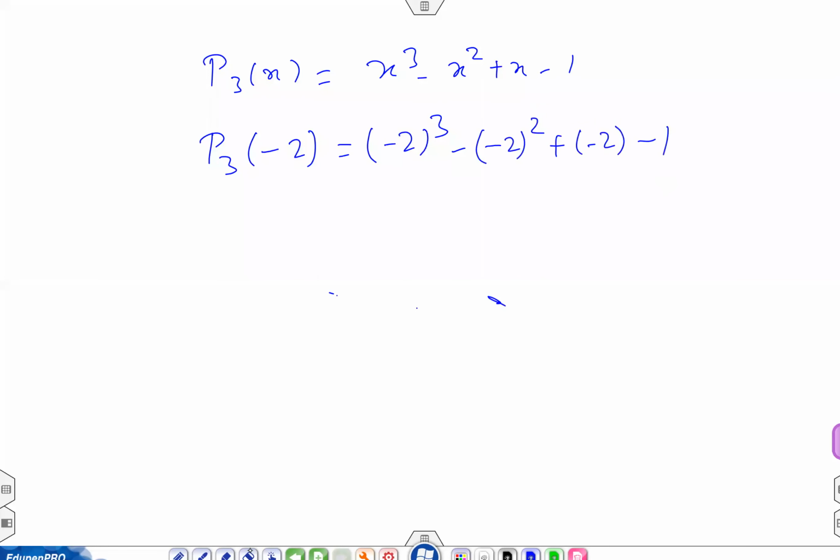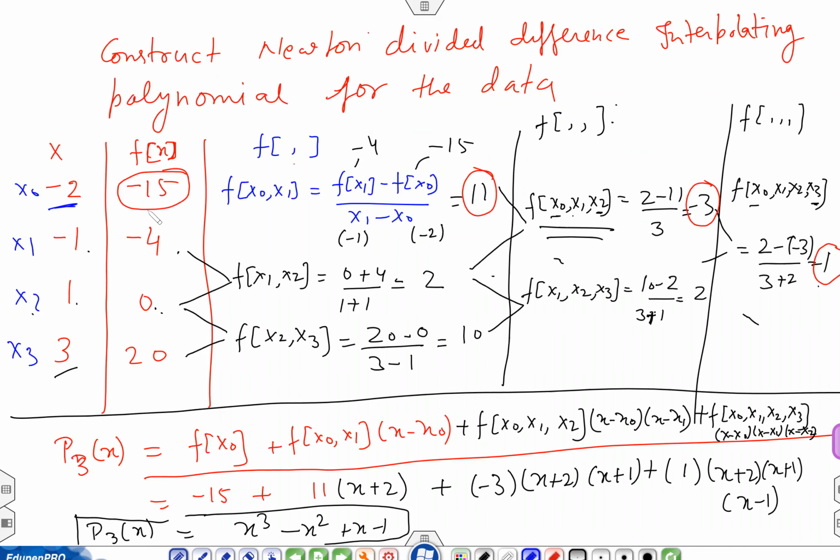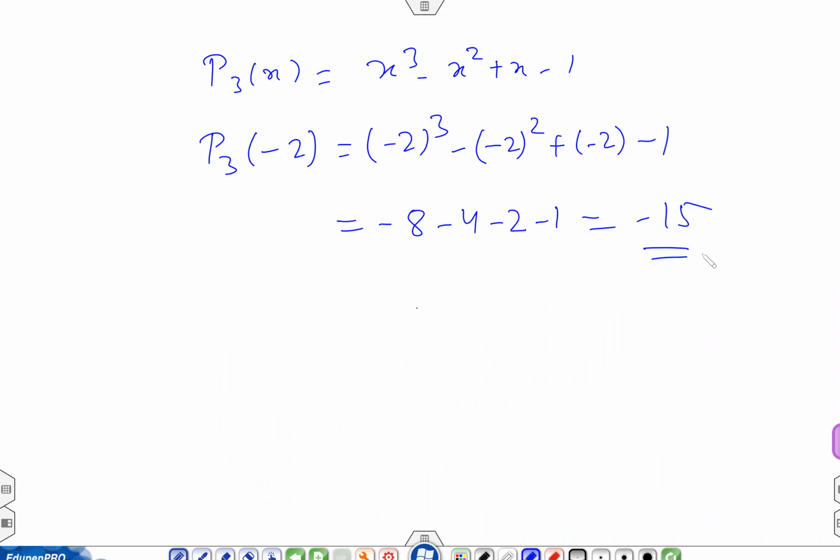It is -8 minus 4 minus 2 minus 1, which is -15. This is equivalent to this value. So the polynomial we constructed is correct.